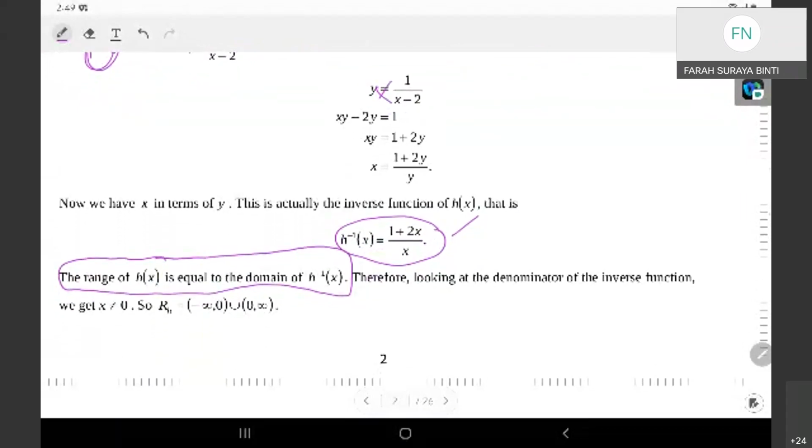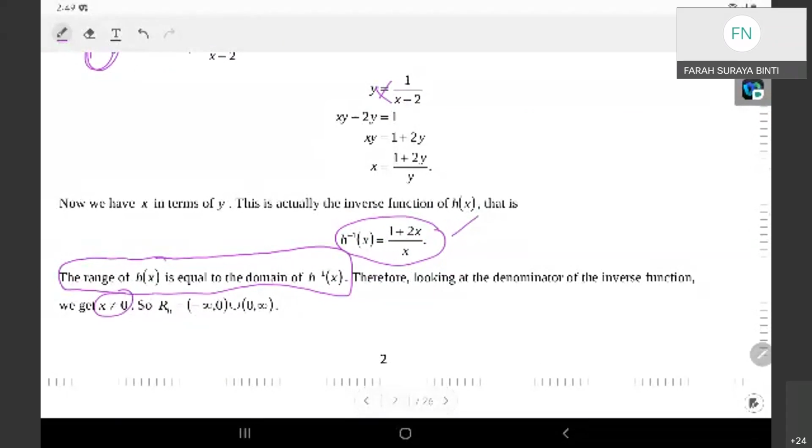Okay, so ingat balik konsep tadi. Awak tengok inverse function ni adalah in the form of a fraction. Okay, meaning that the denominator cannot be 0 lah. Kan, macam ikut konsep tadi. So we will set x is not equal to 0.